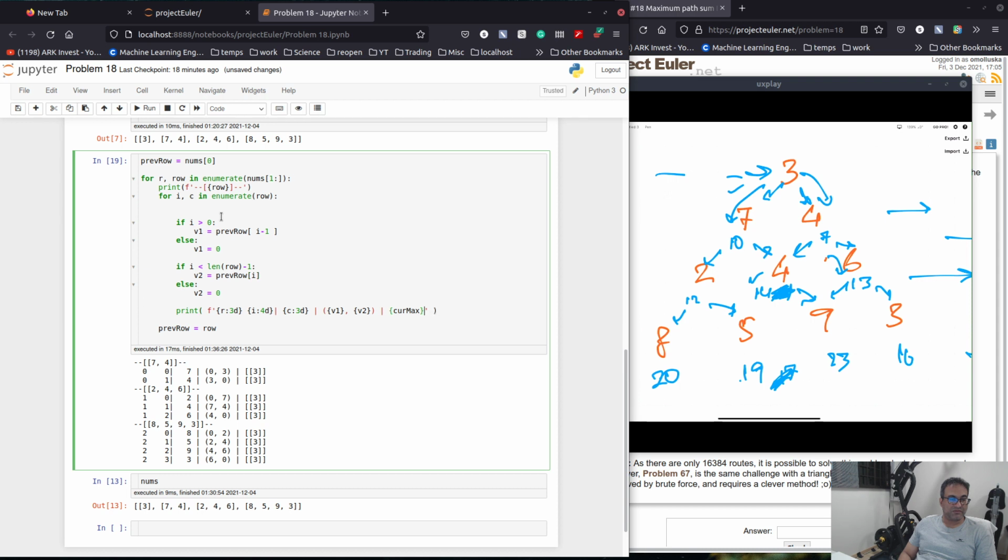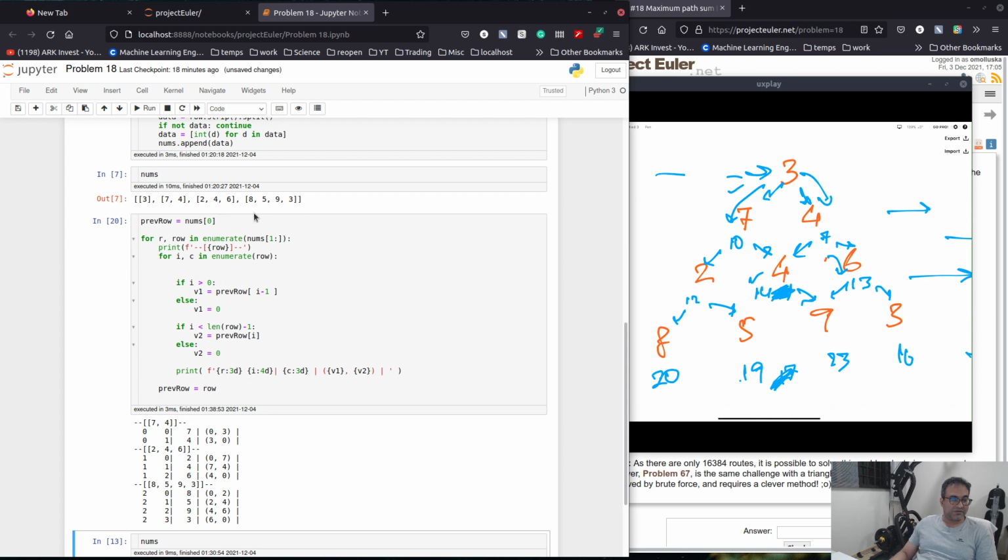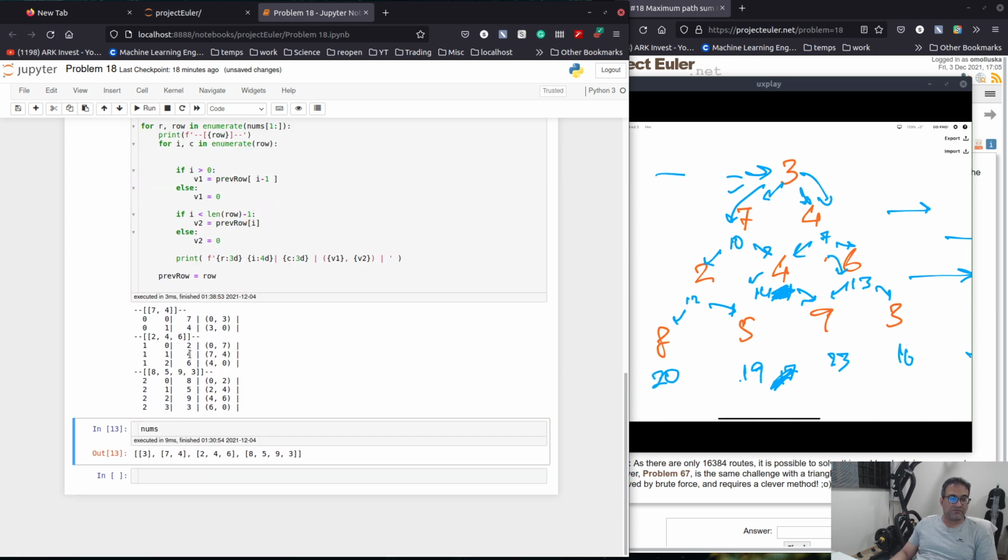And we want to really put current max over here. Okay, so for 4 it's 7 and 4, for 5 it's 2 and 4, for 9 it's 4 and 6, and for 3 it's 6 and 0. Okay, so now we have the right values.